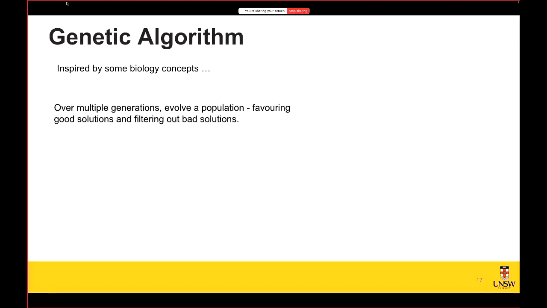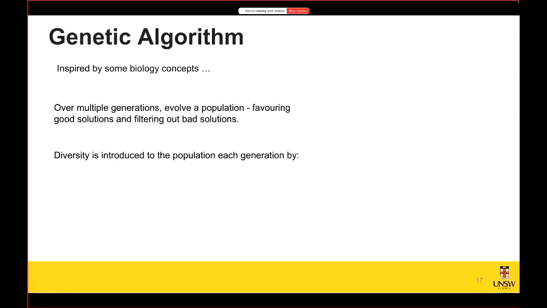This is like how creatures are evolving in the context of biology, right? That's why it's called genetic algorithm. Because we need to find a better solution, we need to try out different solutions inside the search space. We need to make the whole population diverse.